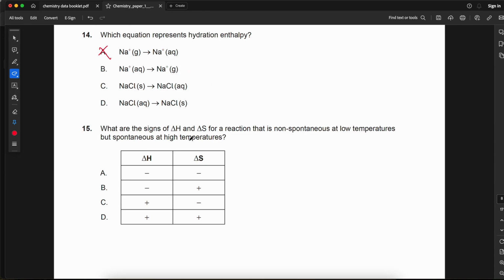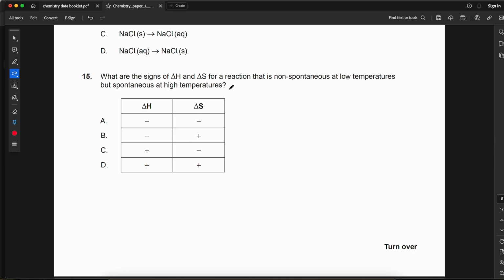Okay, what are the signs of delta H and delta S for a reaction that is not spontaneous at low temperatures but spontaneous at high temperatures? So at low temperature, T should be small, therefore it will be non-spontaneous.